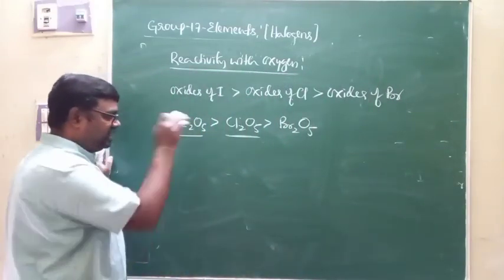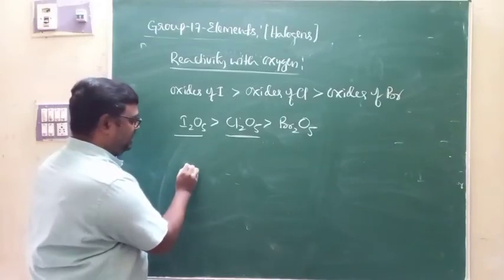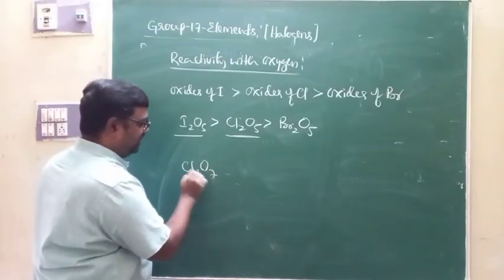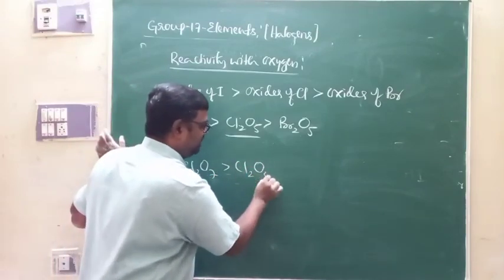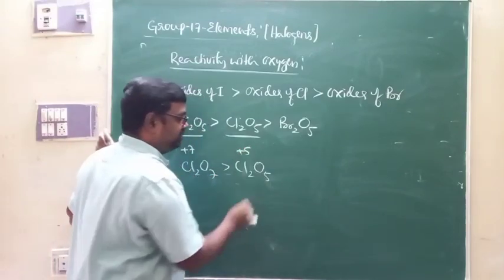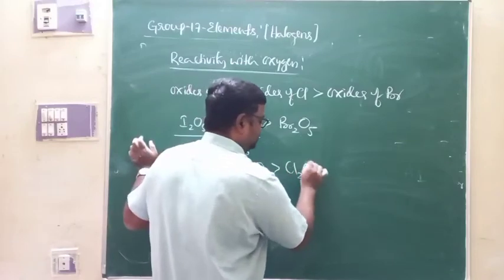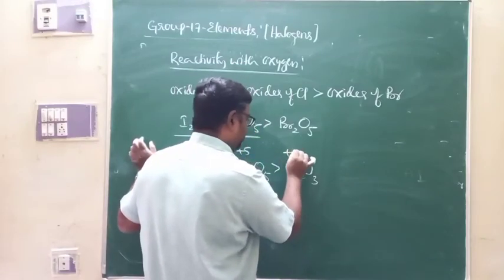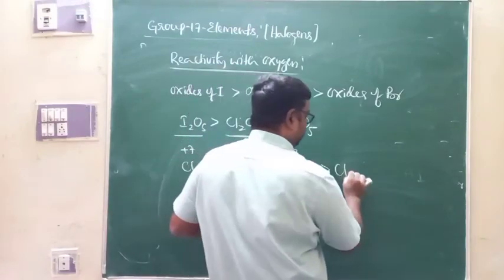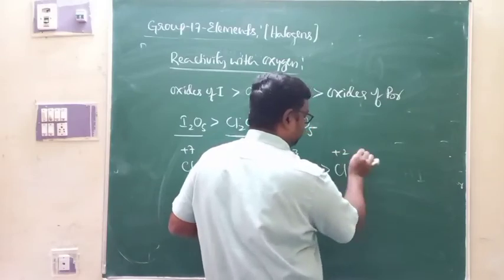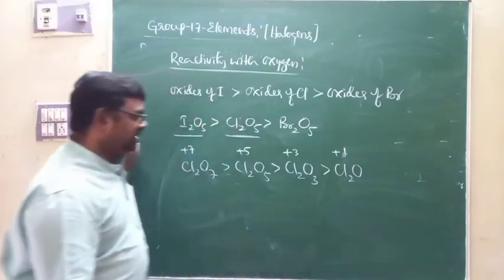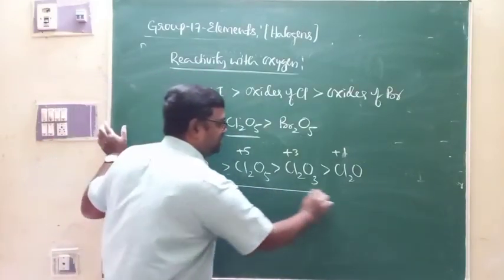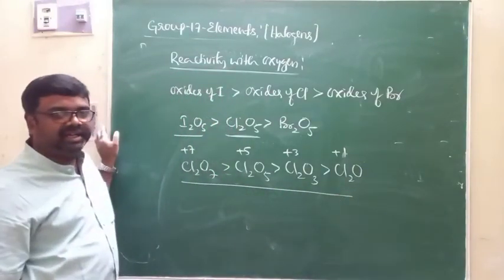Or you can say for a given halogen atom, Cl2O7, where chlorine is in highest oxidation state, is more stable than Cl2O5, where chlorine is in +5 state, that is more stable than Cl2O3, where chlorine is in +3 state, that is more stable than Cl2O, that is in +1 state. ನೋಡಿ, ಇಲ್ಲಿ ಏನಾಗುತ್ತೆ ನೋಡಿ, as oxidation number decreases, ಏನಾಗುತ್ತೆ, stability decreases.